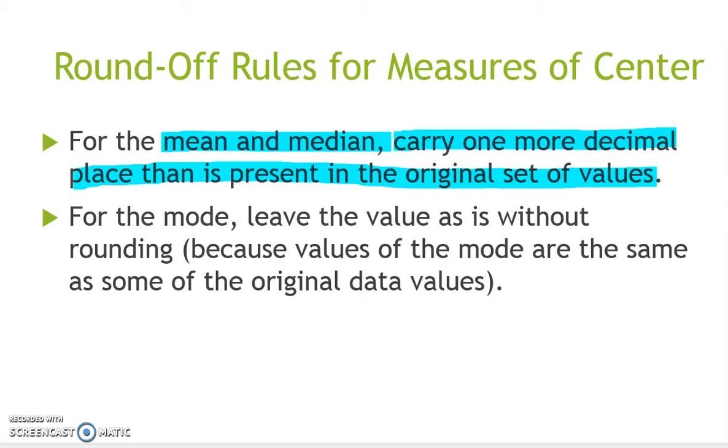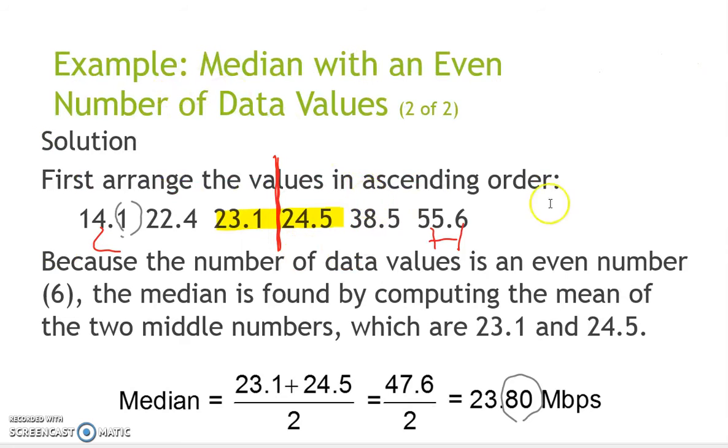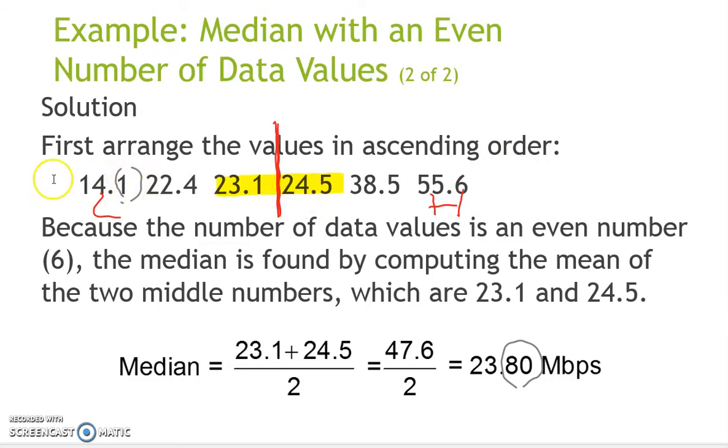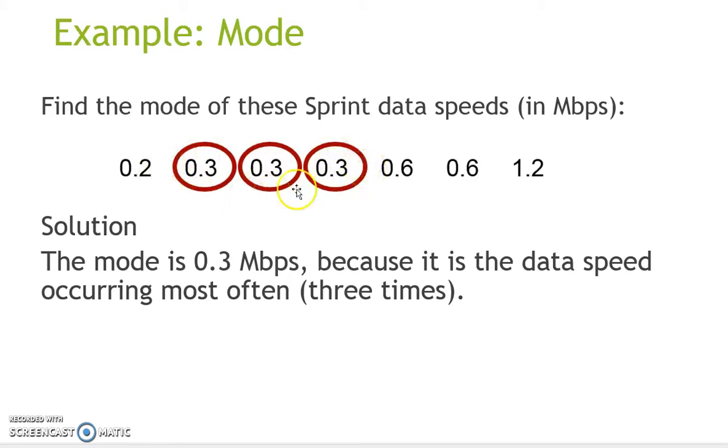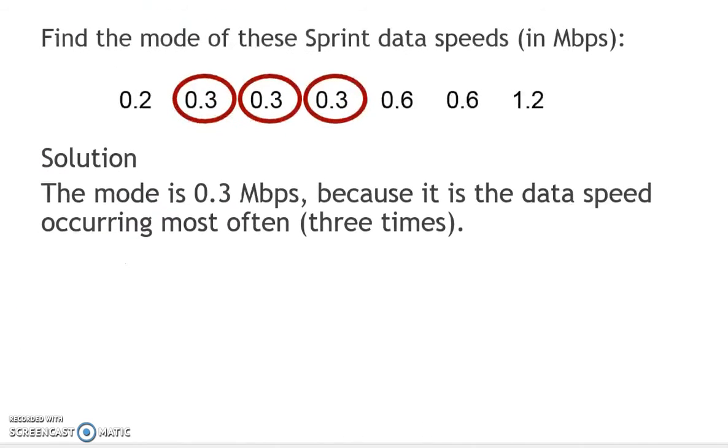That is why, in the previous examples, like this one over here, the original data set has each data value with only one decimal place, and our median carries 2 decimal places, one more than what appeared in the original data set. However, you don't need to do this for mode. For mode, you just take the original data, so you don't need to worry about rounding for modes.